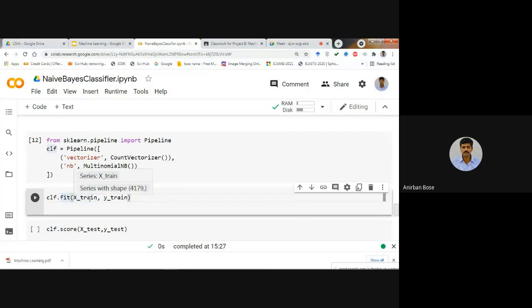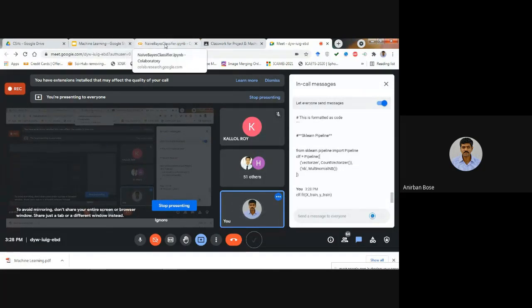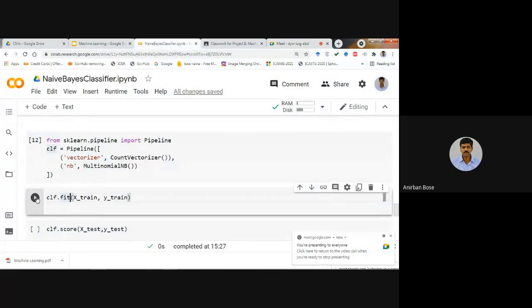But within that pipeline, the first job is to convert it into a matrix. That will be done automatically because you have already defined the pipeline that way. And after that, automatically it will apply the naive Bayes. Only this much of command is sufficient to fit or create your model. So your model is now ready.